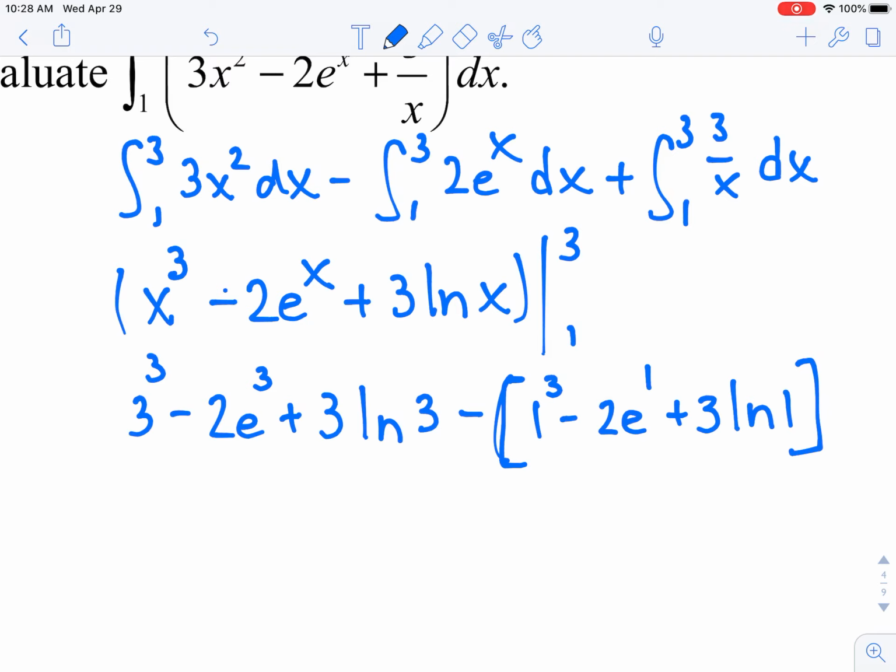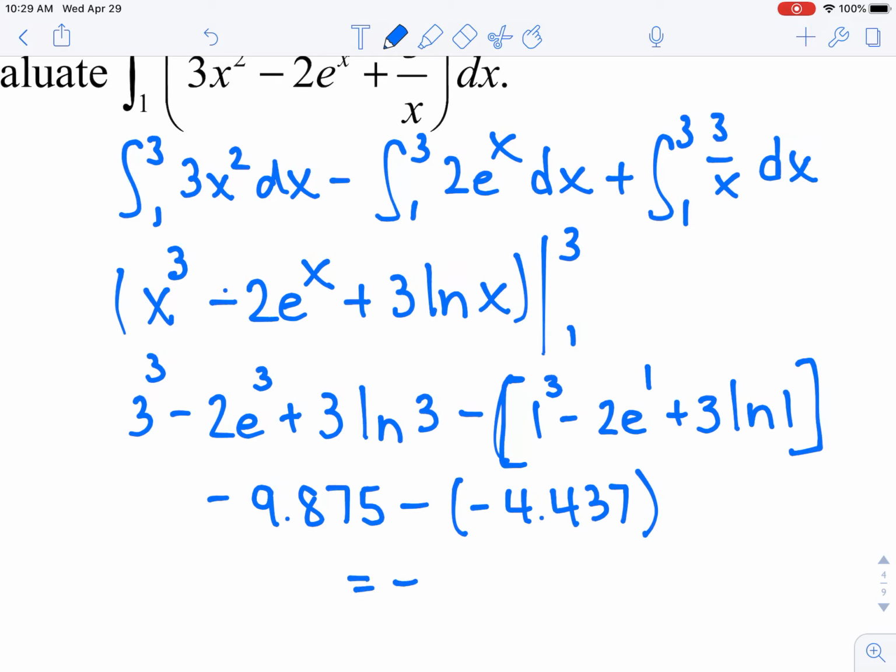You get this first whole part is negative 9.875. This inner part is negative 4.437. And you might want to just double check and make sure that you get those numbers when you put it in your calculator.